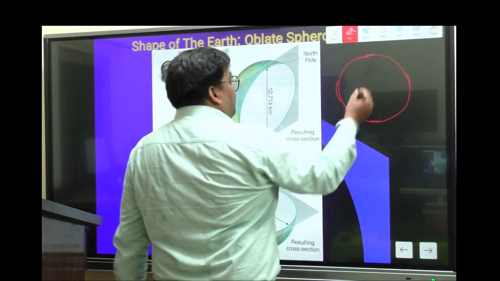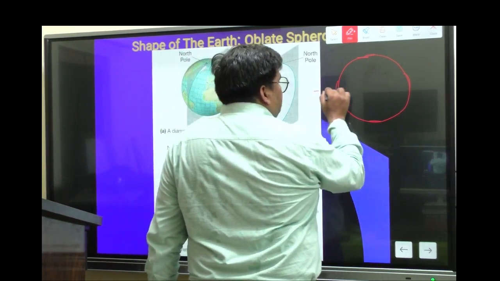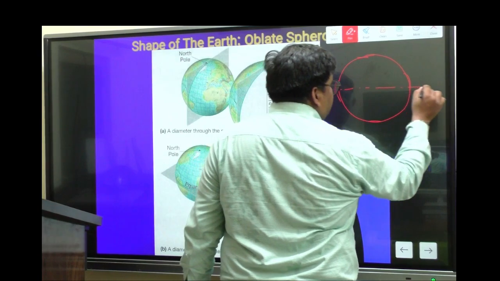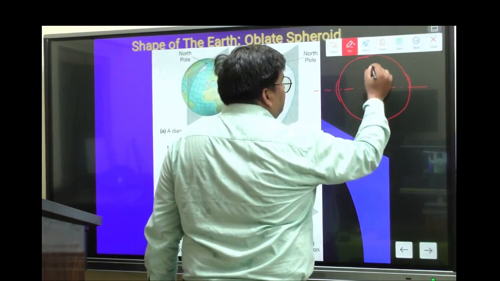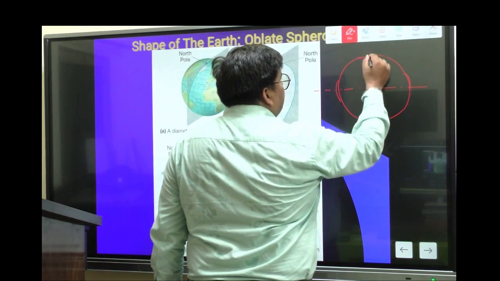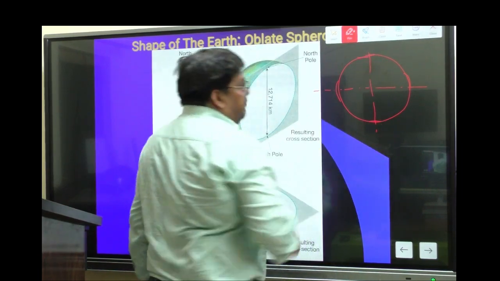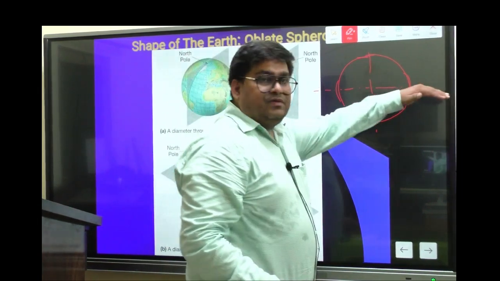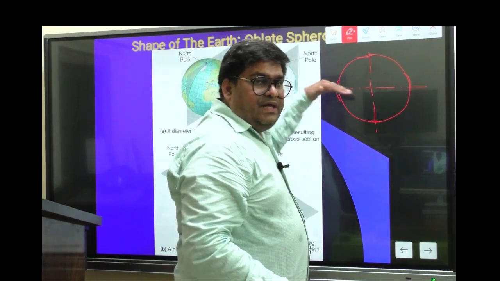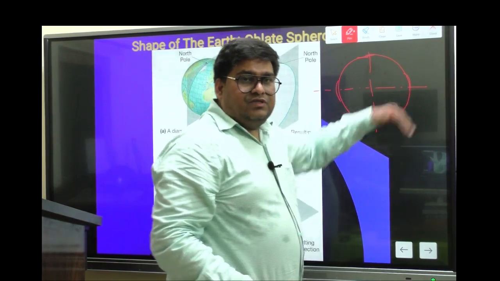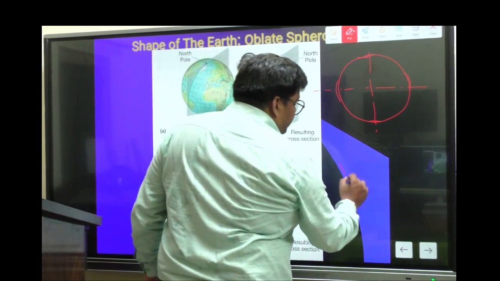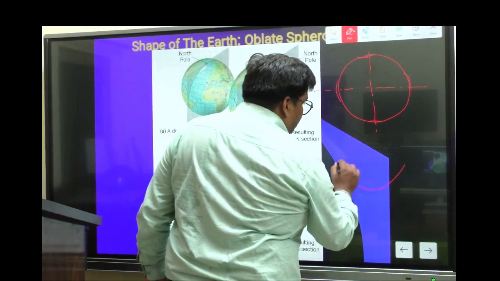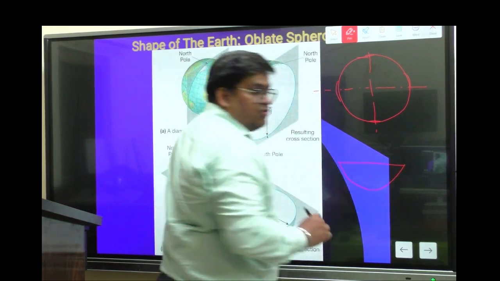Now if you just take a cross section of the Earth on this plane, if you cut the Earth in this plane also, what will happen? Let's say you are taking a cross section all along this plane. So what will happen? You will get the Earth in this shape, because this is a cross section.